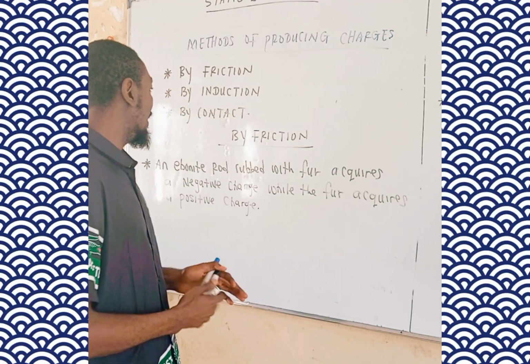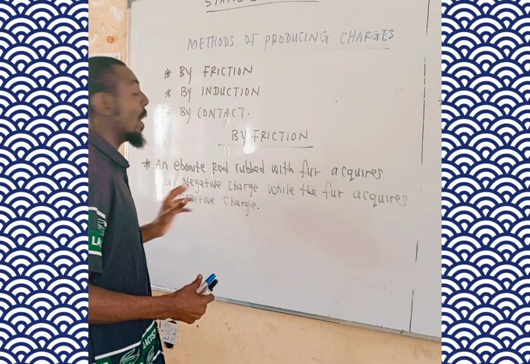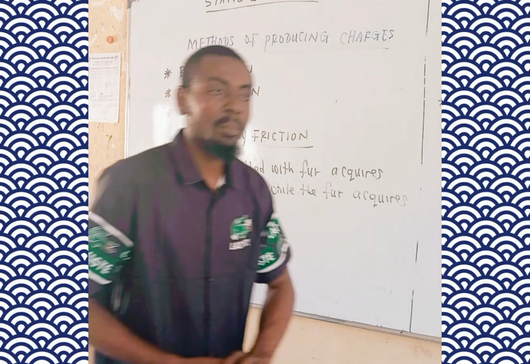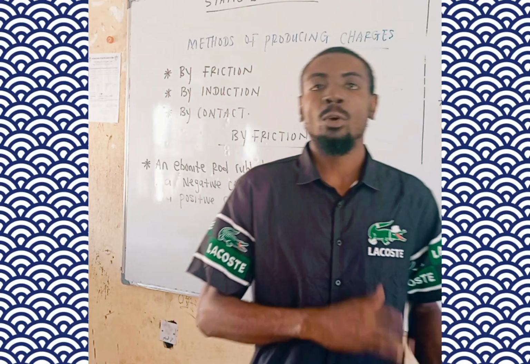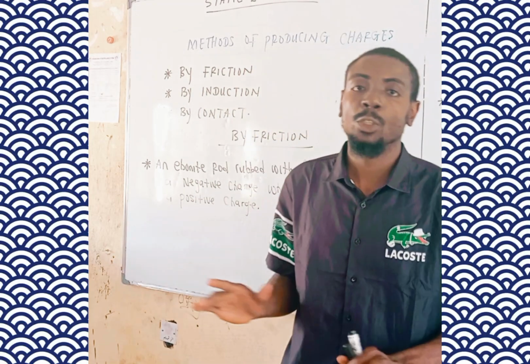How do I know that an ebonite rod with fur will acquire a negative charge? This is because charges are transferred from the fur to the ebonite. That's the only thing you need to know.